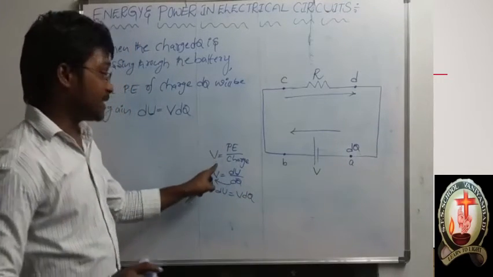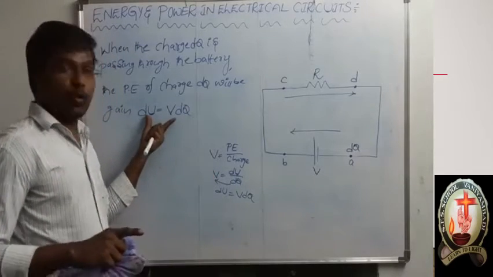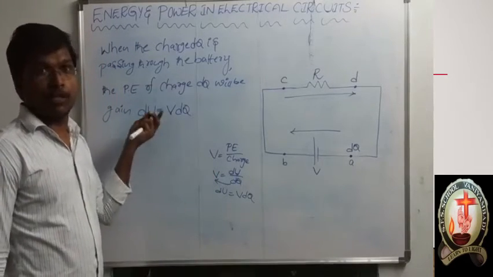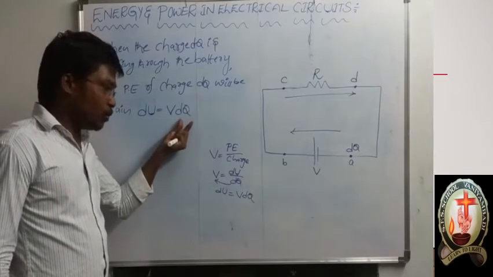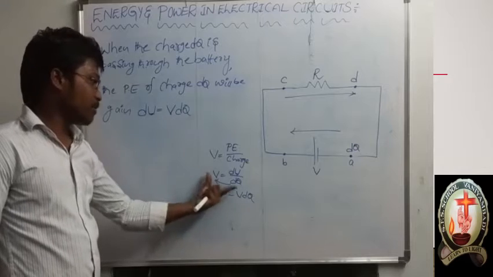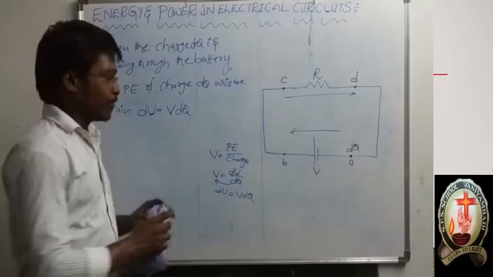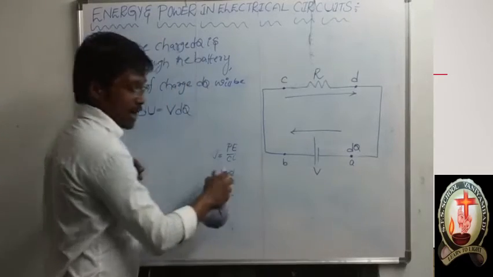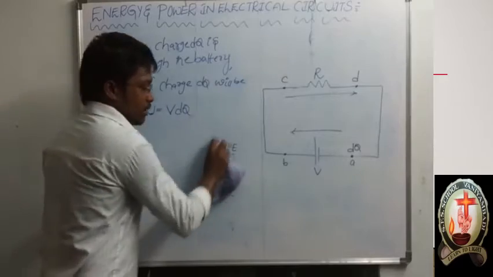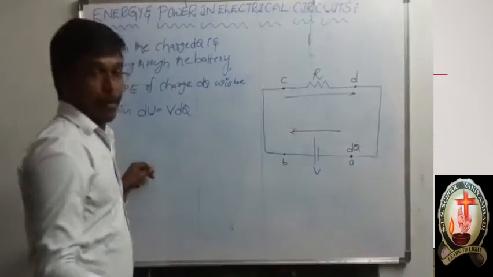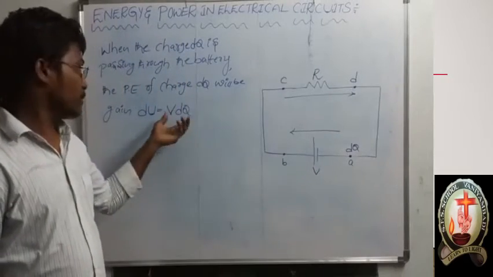Like this, from the formula of electrostatic potential, I wrote this expression. How much potential energy is gained? dU is equal to V into dq. How did we get this? From the definition, from the formula of electrostatic potential. Okay, this is just for your understanding purpose, no need to remember this. Whenever the charge is passing through the battery, potential energy is gained.